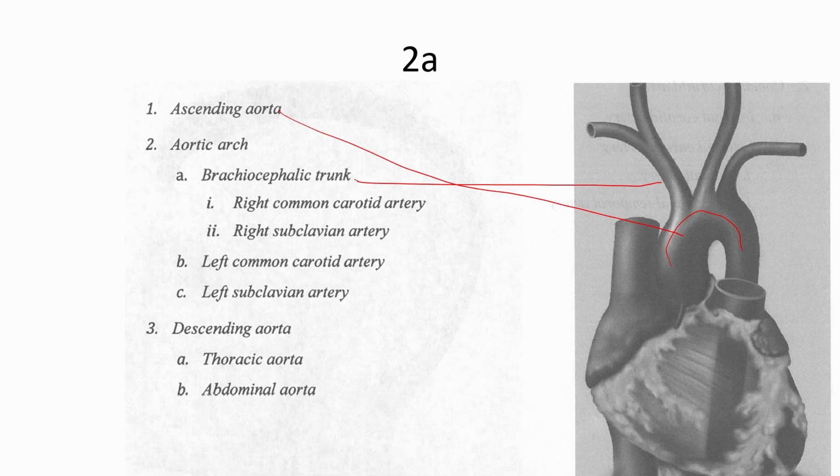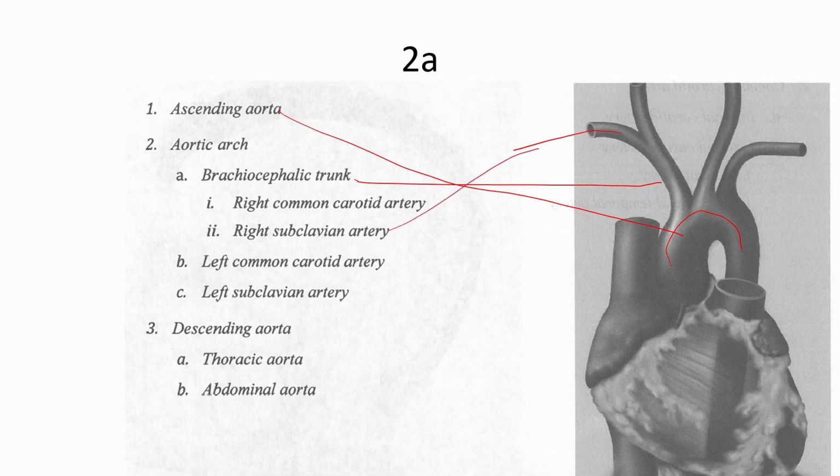Brachio, so brachii is your arm. So biceps brachii, that's your biceps muscle. So brachio is the arm, cephalic is the head, and that makes sense. You have a branch that goes to the brachial part, that's called the right subclavian artery. So that would be that one.